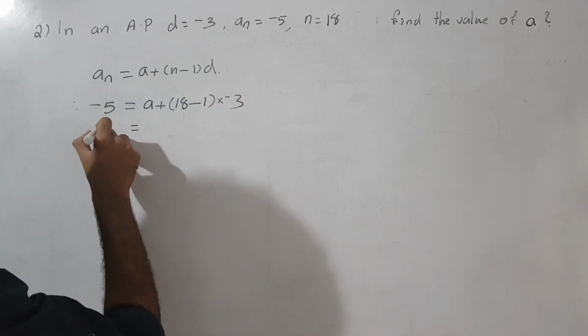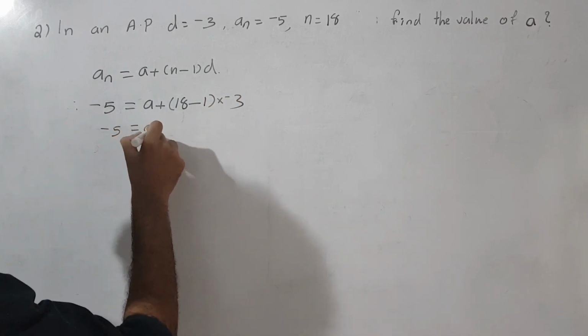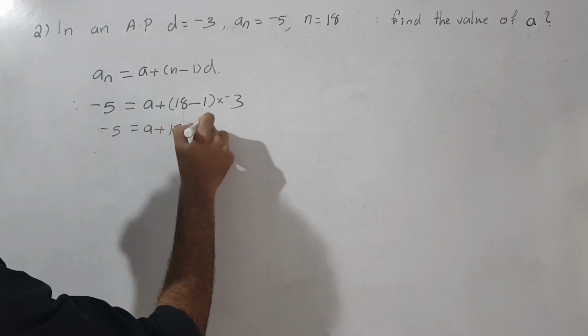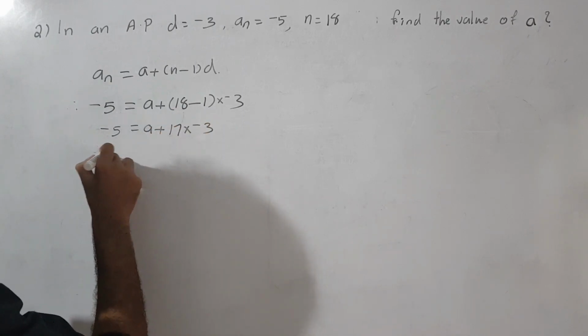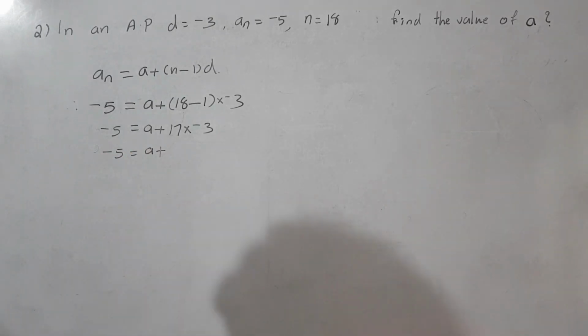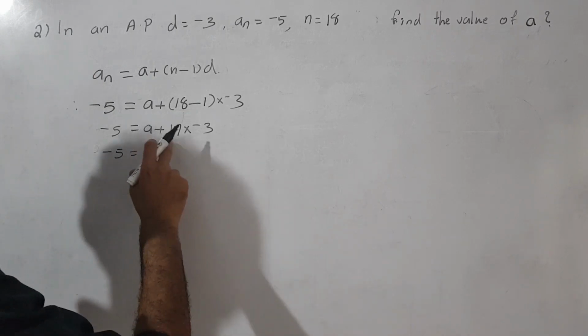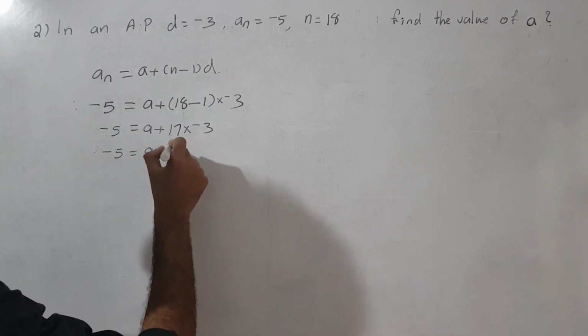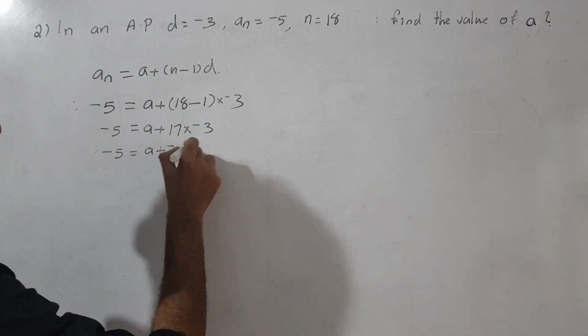Then minus 5 is equal to a plus 18 minus 1, 17, into minus 3. Then minus 5 is equal to a plus 17 into minus 3. 17 into minus 3 is minus 51.